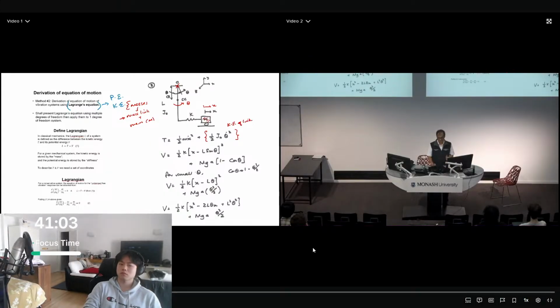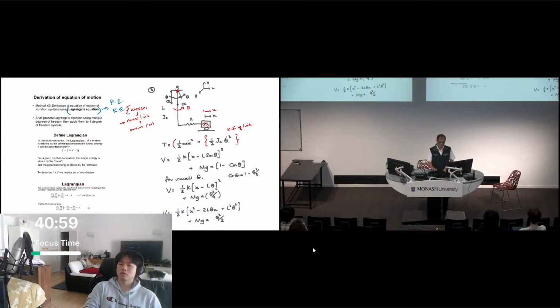And then when it comes to the masses, I've only got this mass to consider, and because I have attached the generalized coordinate x to describe the motion of this mass m, x dot will be its velocity, in which case the KE of this mass m will just be half m x dot squared. Alright, so now I have the kinetic energy of the system.